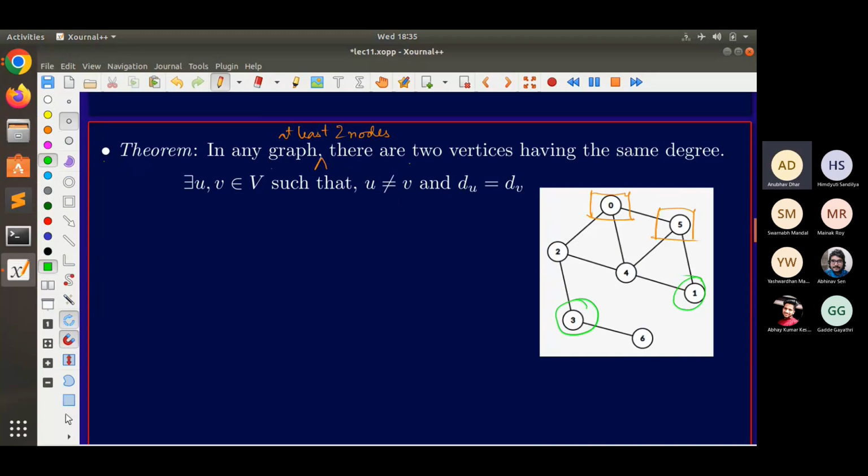Anyway, does anyone know how to prove this? Okay. Consider any vertex u. Can you tell me the range of degree of u?